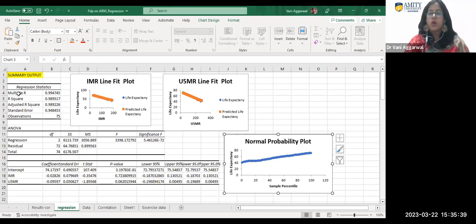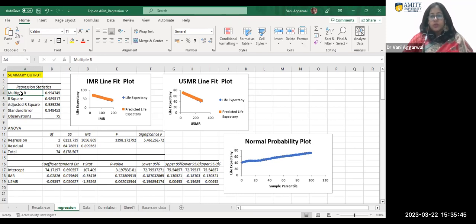Now, what all terms are here? What do you mean by multiple R? Any of you? What do you mean by multiple R? Explanation by all variables.